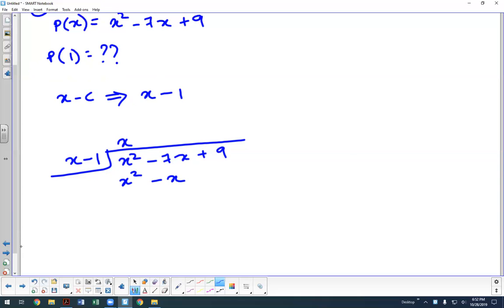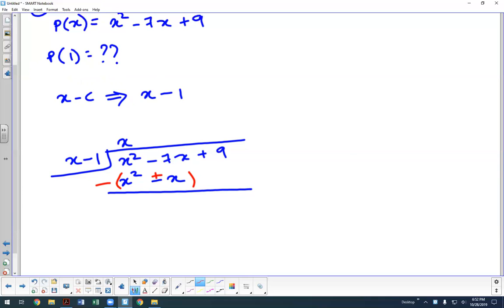Every time we do long division, we always subtract. So when you are subtracting, this guy will become negative, but what happens with that negative x? Yeah, negative times negative actually makes this guy into a positive sign.